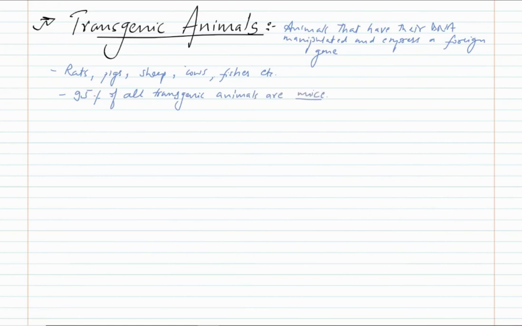This is because the physiology and the anatomy of mice represent humans very closely. So in a lot of cases, before we proceed to try anything on humans, we experiment on mice, and the results are more or less very comparable in humans and mice. So 95% of all transgenic animals are mice.